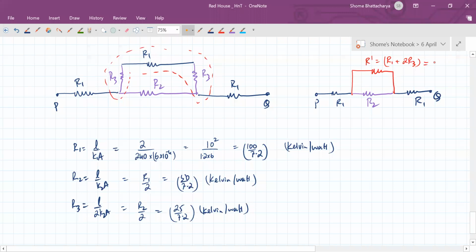So this will become, so next what we will do is we'll take the parallel combination of these two.